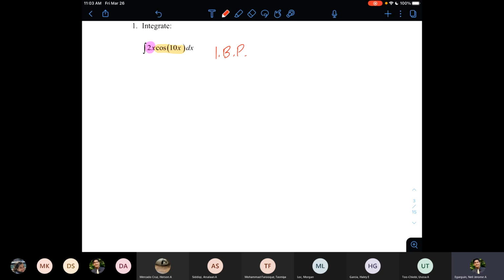Well, you need to choose what your u would be and what would be dv. We have considered the abbreviation ILATE before, which is the order of preference for the choice of u: first inverse trig, then logarithms, algebraic, trigonometric, and then exponentials.